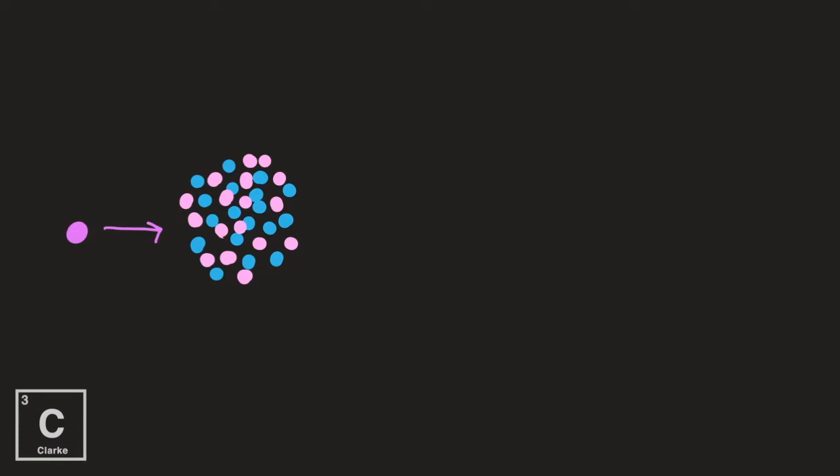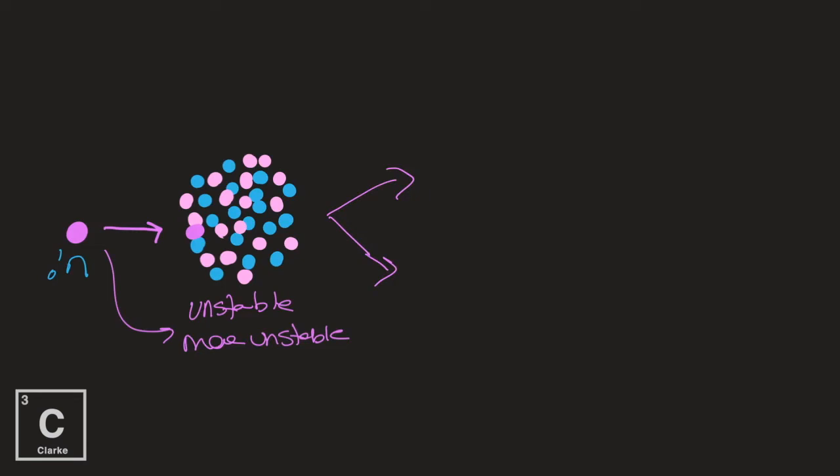To induce fission, we're going to start with this neutron. We're going to take this neutron and slam it into a huge, heavy nucleus. And when we slam this neutron into this nucleus, it sticks in there. So we're adding one more neutron to this already big, heavy, unstable nucleus. We took this unstable nucleus, and by adding this neutron, we made it even more unstable. In fact, it's so unstable that it's going to split into two smaller nuclei.